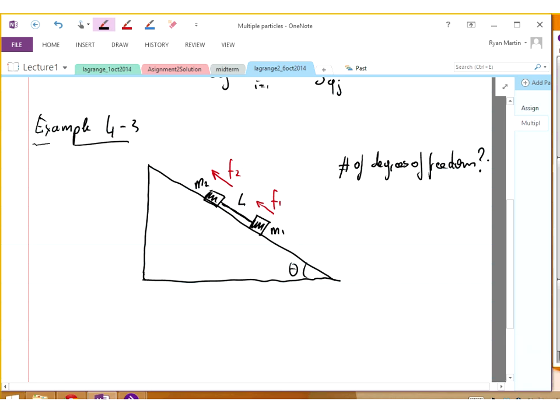You only need one variable to specify where the system is. And let's choose a coordinate system first. So let's place the origin at the corner of the wedge there. Say y goes up and x goes left.